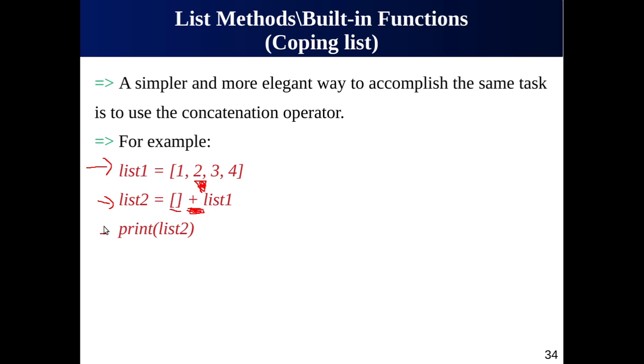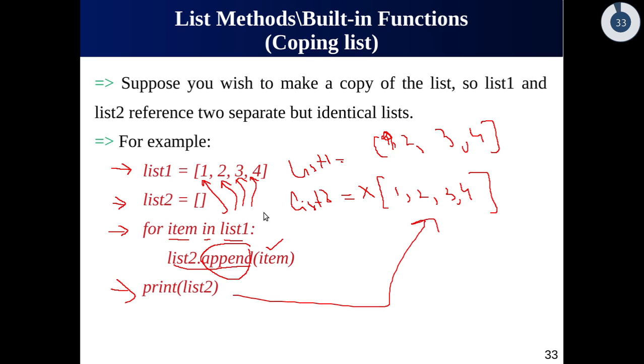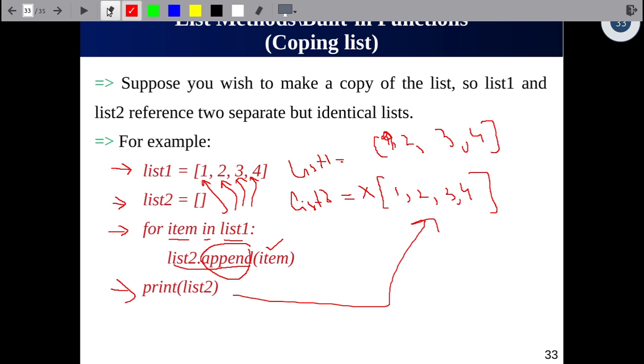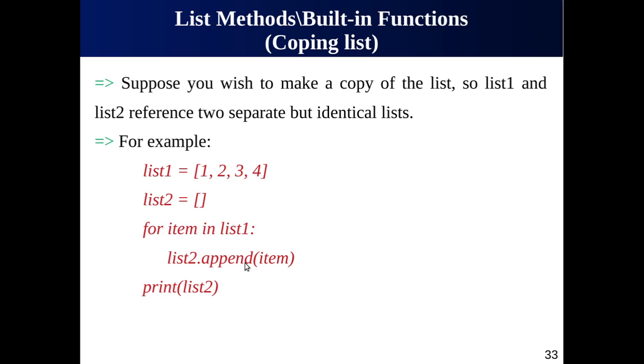If you execute this statement, it will print the items of list2, which are 1, 2, 3, and 4. As a result of the concatenation operator, list1 and list2 will refer to two separate but identical lists.